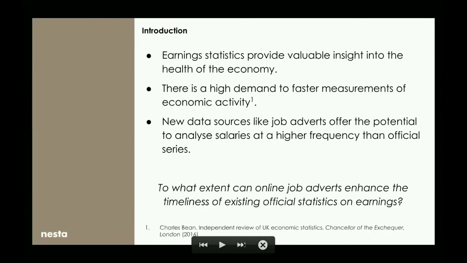So perhaps it goes without saying that earnings statistics provide valuable insights. They are a very important part of the labor market, for example, to understand which professions are in higher demand. And survey data do provide a good amount of information about earnings and wages, and some of the statistics are definitely informative and also published at relatively high frequencies.